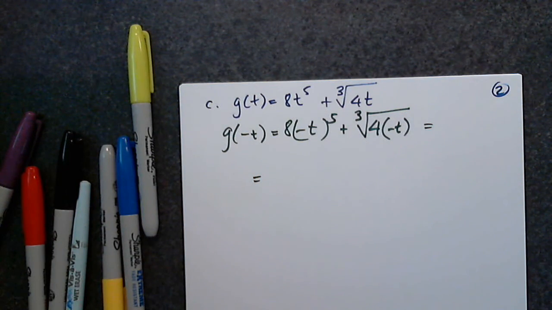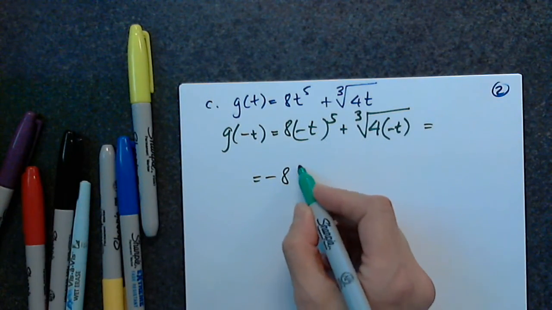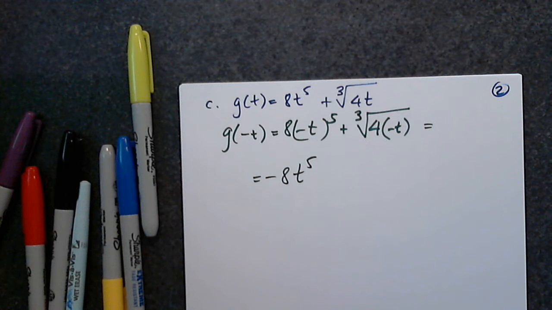How much is negative t to the 5th power? T to the 5th. But it's an odd power. That's negative. Yes. When we raise a negative number to an odd power, we get a negative number, right? So it will be negative t to the 5th multiplied by 8, which is negative 8t to the 5th. How much is 4 times negative t? Negative 4t.